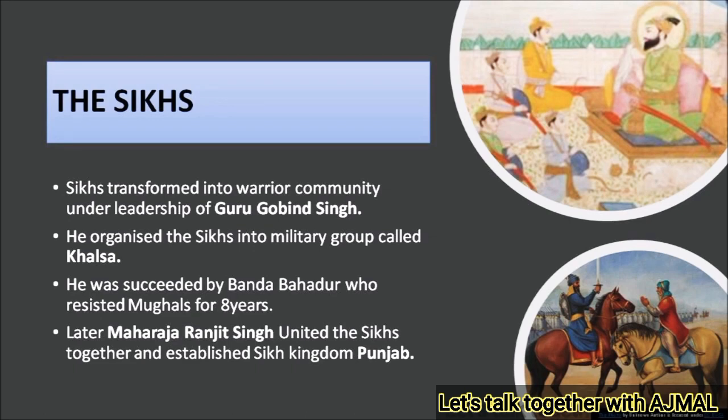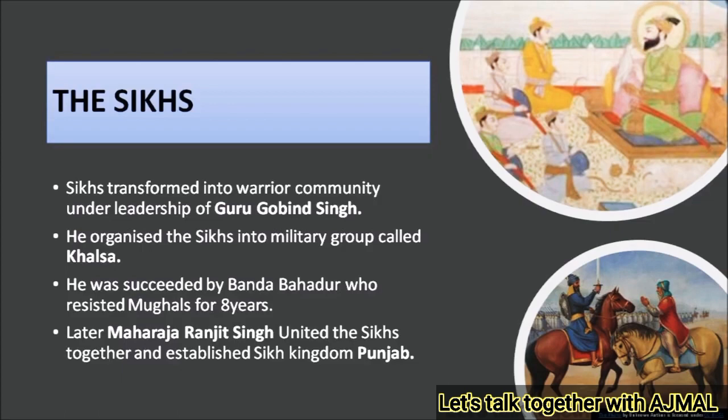After Guru Gobind Singh, his follower Banda Bahadur also resisted the Mughals for 8 years. Then Maharaja Ranjit Singh united the 12 groups of the Sikhs, brought the whole area of West Satluj under his control and established the Sikh kingdom in Punjab. As the Britishers were also holding a grip in India, Maharaja Ranjit Singh signed the Treaty of Amritsar in 1809 with Lord Minto.